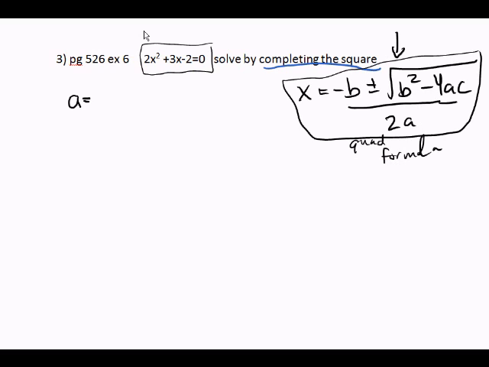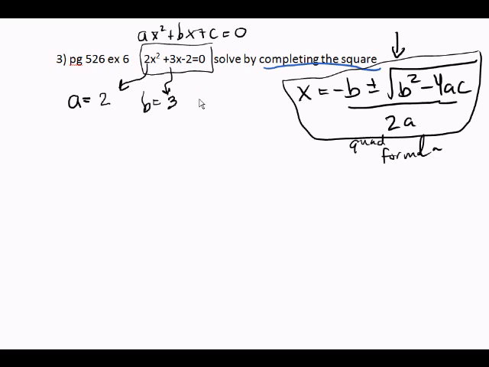Remember, for quadratic equations, you can also write it like this: ax squared plus bx plus c equals 0. All quadratic equations can be written ax squared plus bx plus c equals 0. A is the number in front of the x squared, so a is 2.